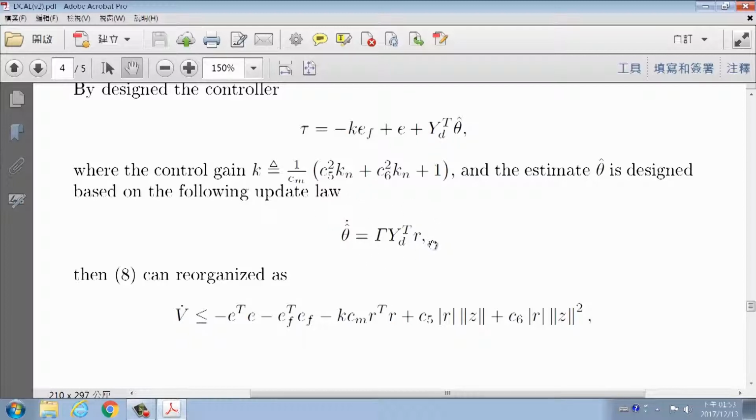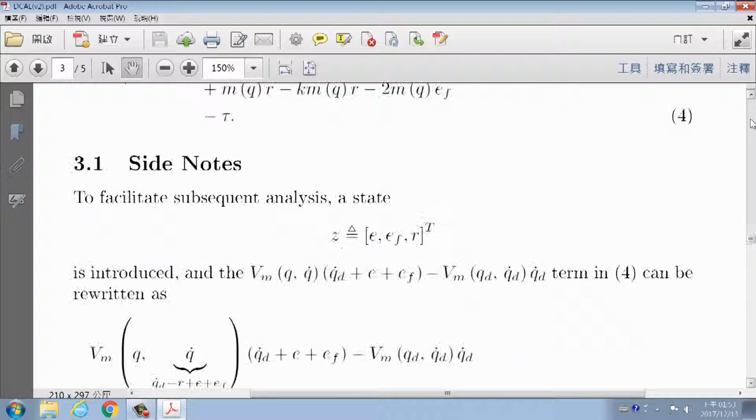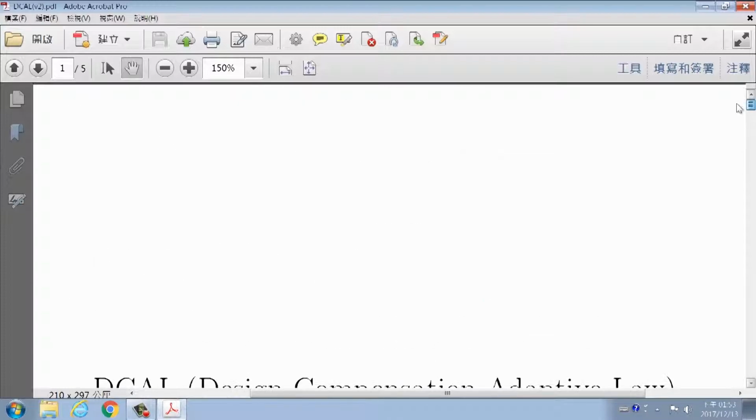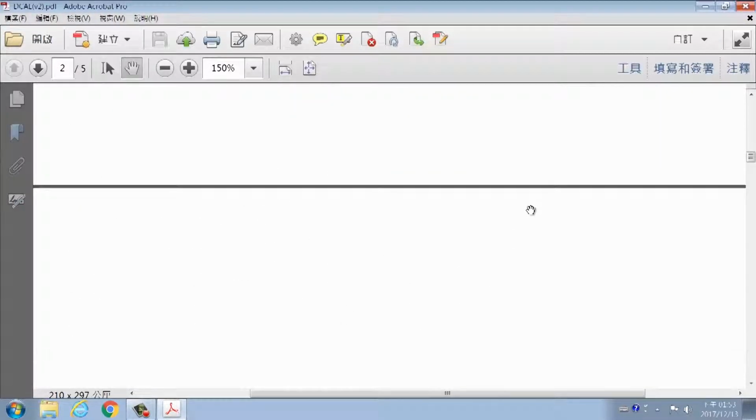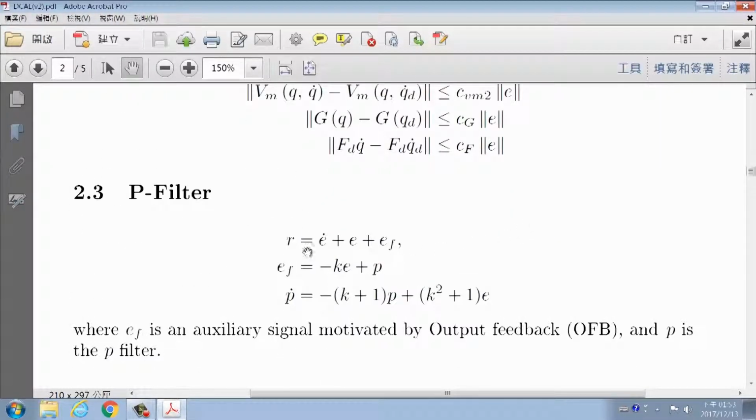And remember, what is R? R is, by definition, this, right? And remember that E dot is not measurable.